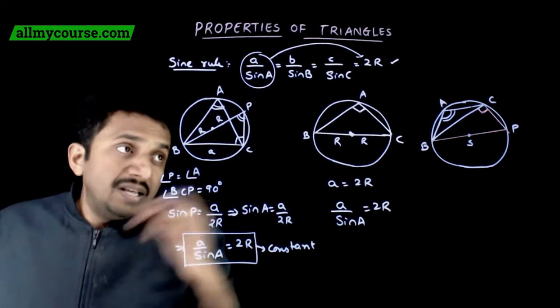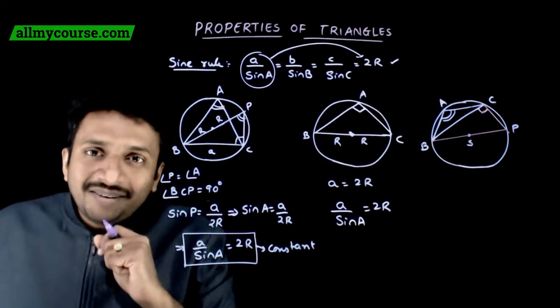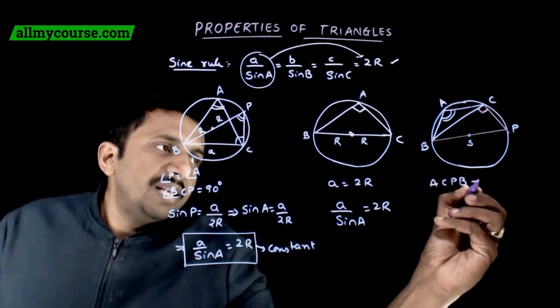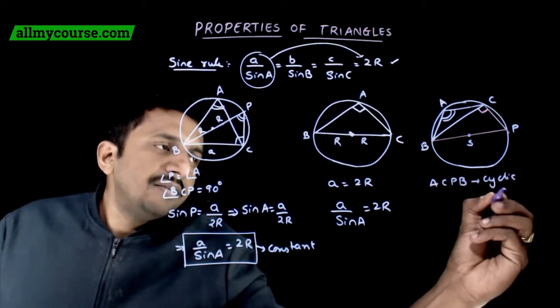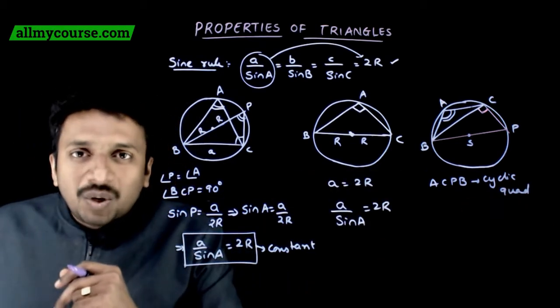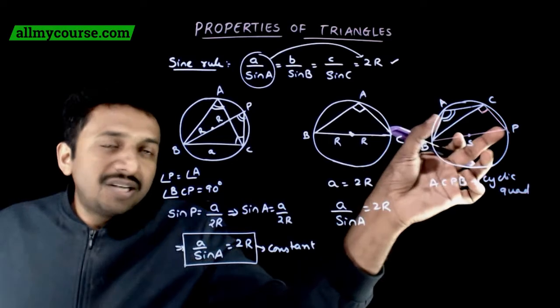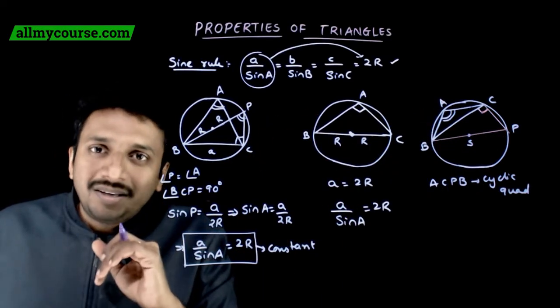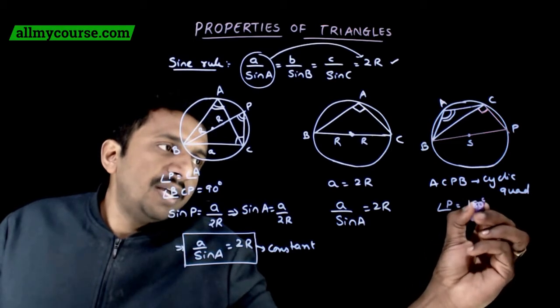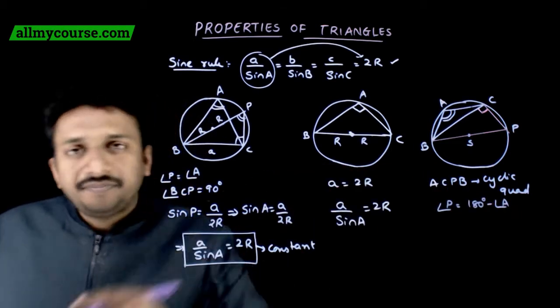Now BPC is a right angle triangle and ACPB is a cyclic quadrilateral. Do you remember any properties of cyclic quadrilaterals? Yes, the sum of opposite angles has to be equal to 180 degrees. So angle P has to be equal to 180 degrees minus angle A.